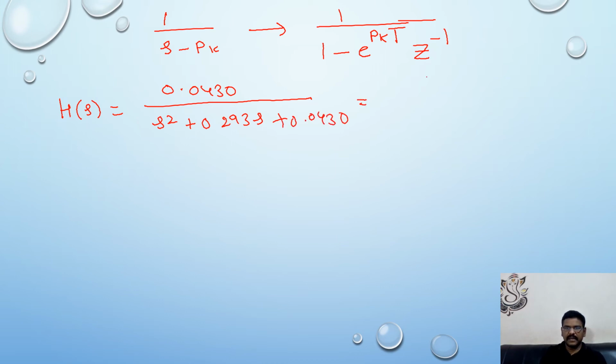We need to write this in terms of a constant by s minus p1, plus some constant by s minus p2. Once we know p1 and p2, I can find the corresponding z transformation expressions.